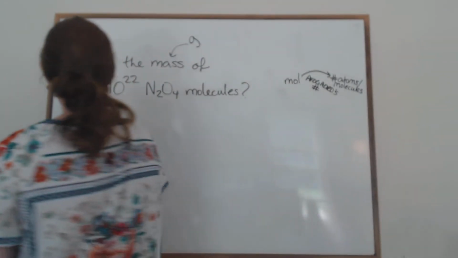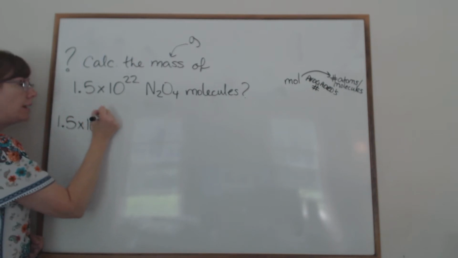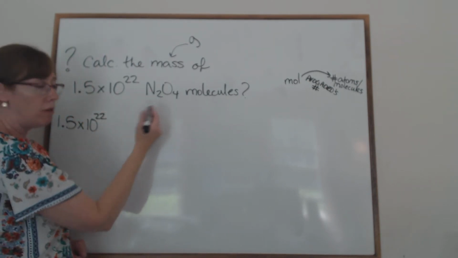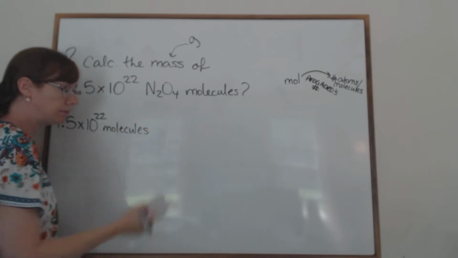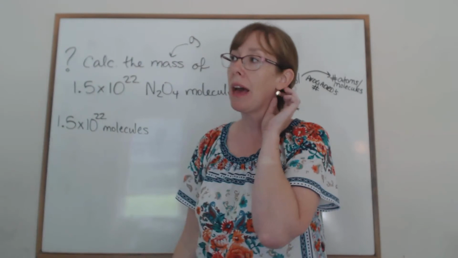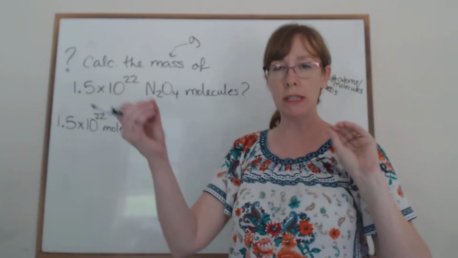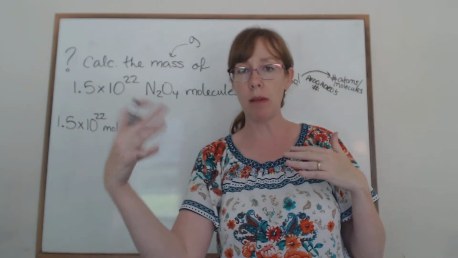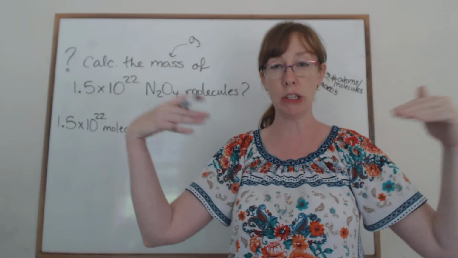Okay, so we have one number in the problem. Now, I don't write N2O4. I just keep the basic unit, which is molecules. It really doesn't matter that you write the N2O4 there. It starts to matter when we start doing stoichiometry, like how many grams of this do you need to make how much grams of this product when you've got two different players.